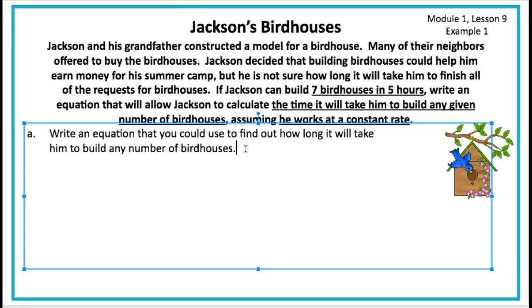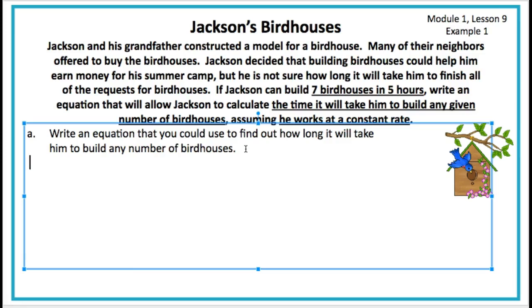So let's take a look at part A of this problem. Write an equation that you could use to find out how long it will take him to build any number of birdhouses. Pause the video now and write what you think the variables will be for this equation.